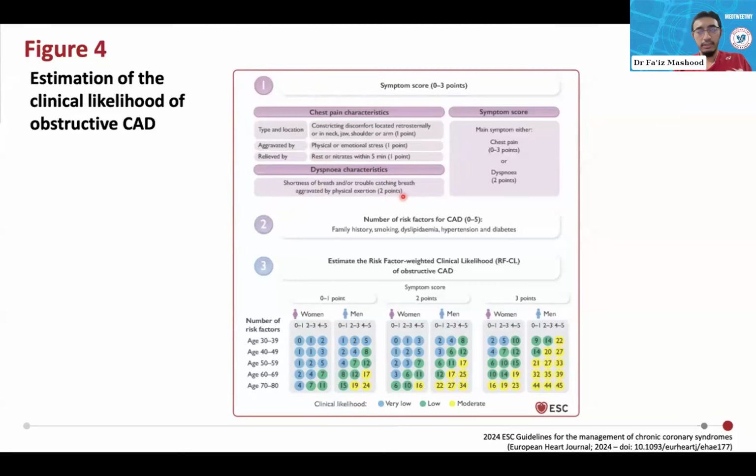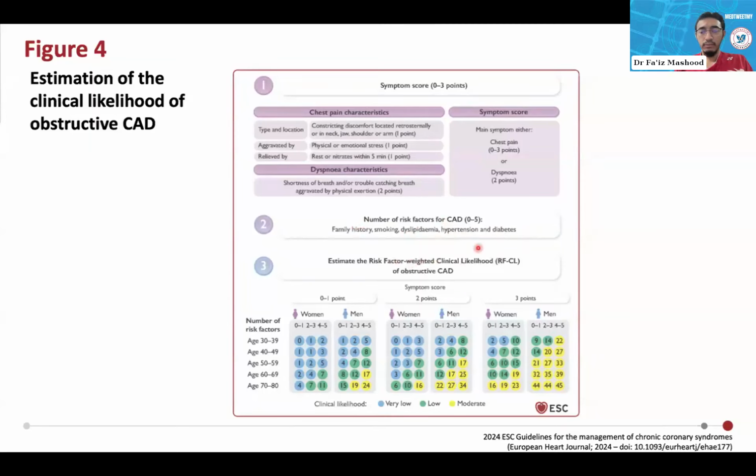And if our patient complains of angina, right? Angina can score from 0 to 3 points, depending on the nature of the chest pain. And then the number of risk factors, from 0 to 5. Like in our lady here, at least we have 3: dyslipidemia, hypertension, and diabetes. But of course, we need to ask further about family history.